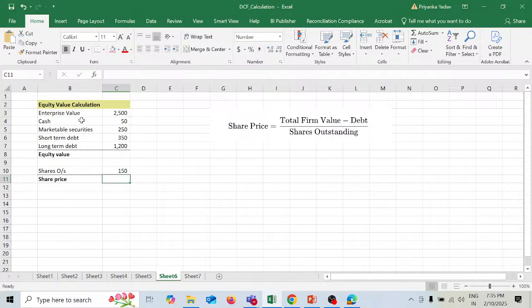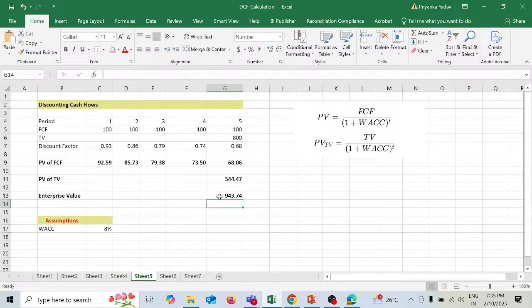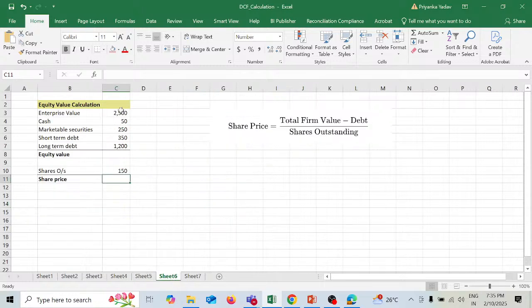For this we have already calculated enterprise value over here. This is the enterprise value, this you're getting. Okay, so the already calculated enterprise value, cash, marketable securities, short-term debt and long-term debt you will get from the balance sheet. And enterprise value, you have already done the calculations in the earlier steps.